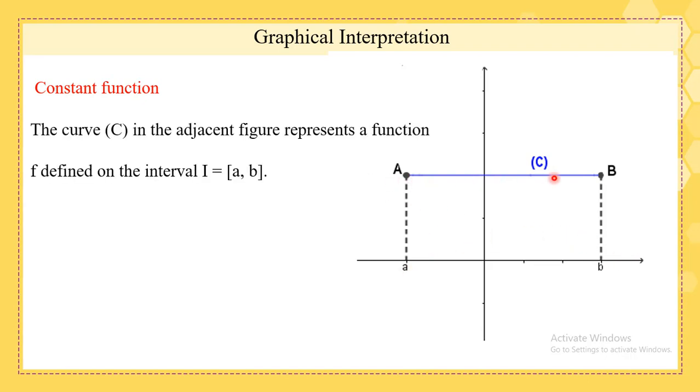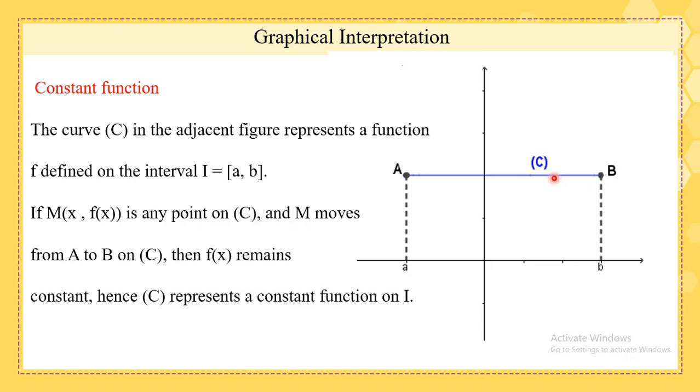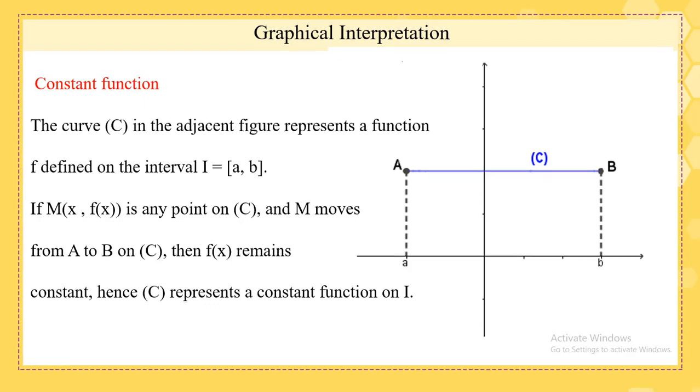So the curve C in the adjacent figure represents a function defined on an interval I, [A, B]. Now if M is any point on C and M moves from A to B on C, which means it moves horizontally, then f of x remains constant and C represents a constant function on I.